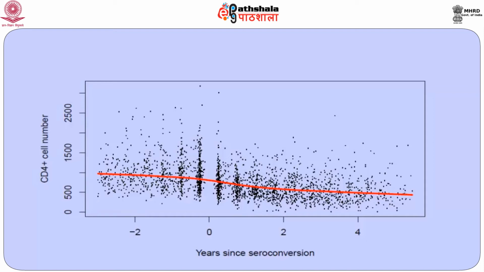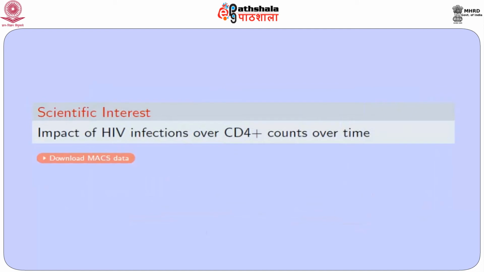So we have added a smoother on it, and we shall see the details of the smoother in the next lecture. But here the smoother indicates that with time definitely the CD4 cell numbers are depleting. So the scientific question of interest here is, what is the impact of HIV infection on CD4 plus counts?